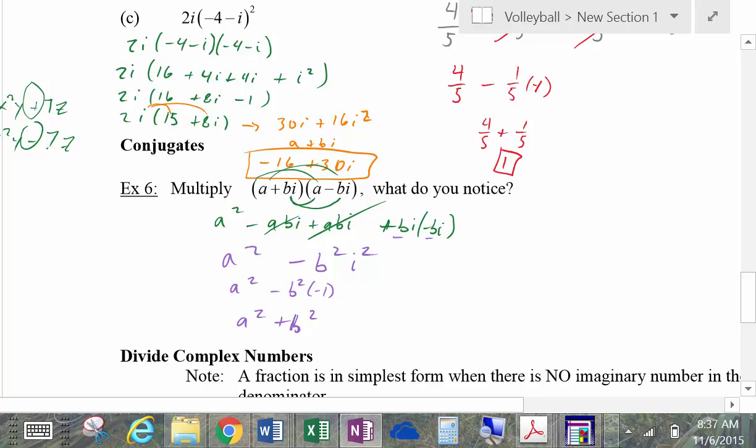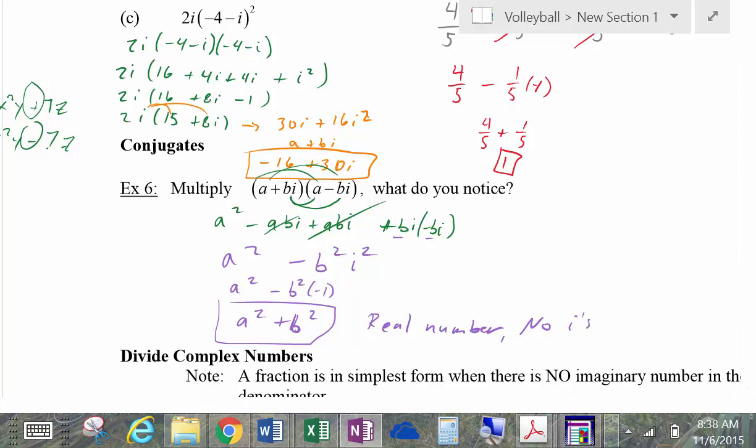So what's so cool about this? At the end of the day, there's no i's. It's a real number. No i's, right? The other thing that's cool about it is when you square a number, it's positive, right?